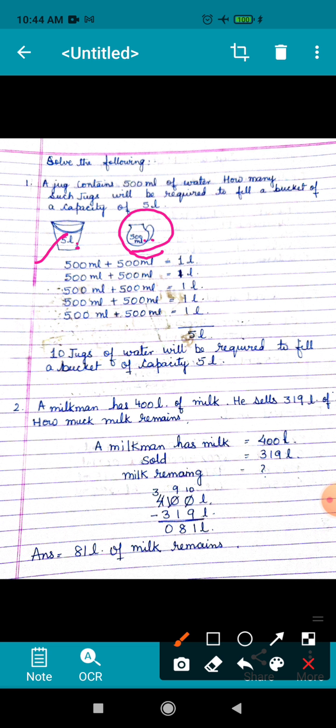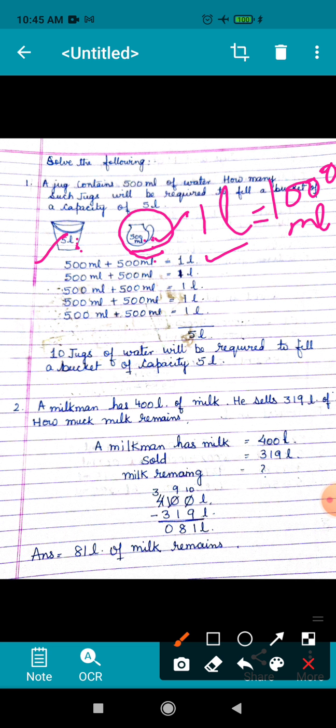Children, you all know that 1 liter has 1000 milliliter, and this jug's capacity is 500 milliliter. It means when you pour two jugs of water in this bucket, you are pouring 1 liter of water in this bucket, right?